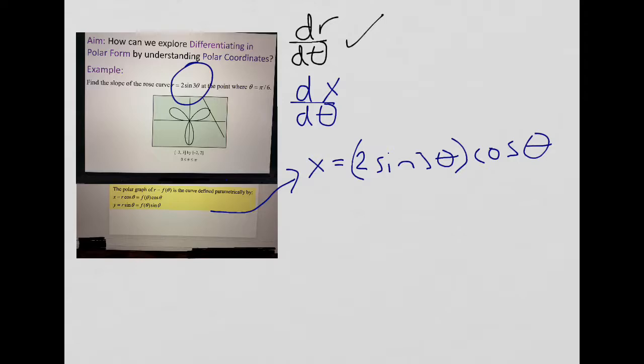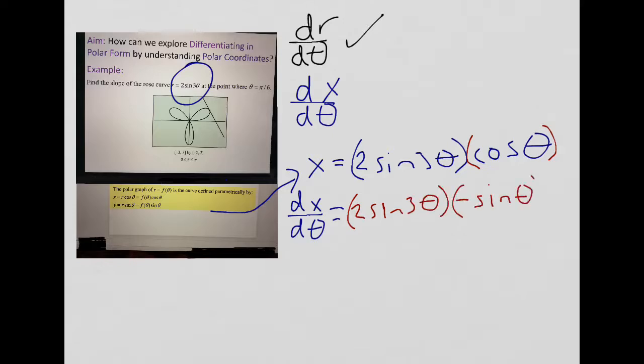If we want the derivative of x with respect to theta, it is going to need the product rule: first times the derivative of the second, plus second times the derivative of the first.